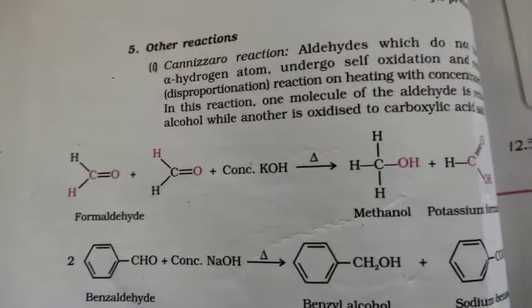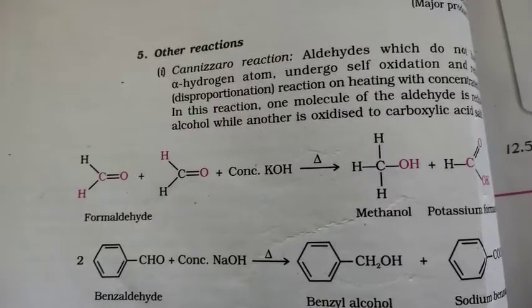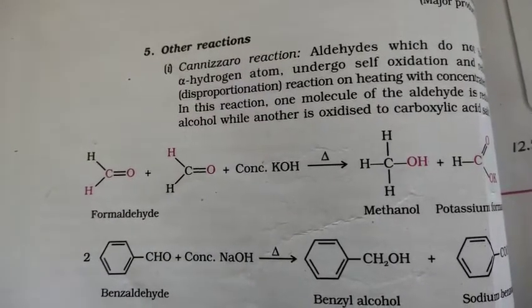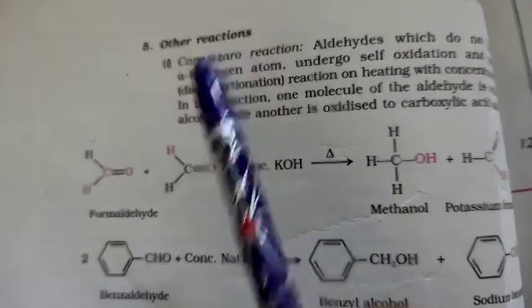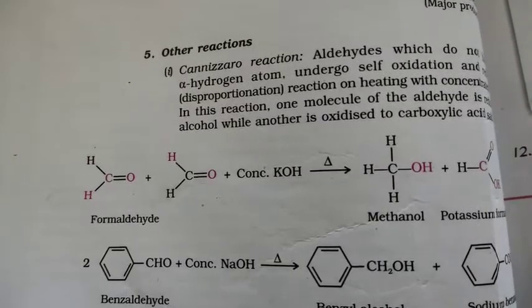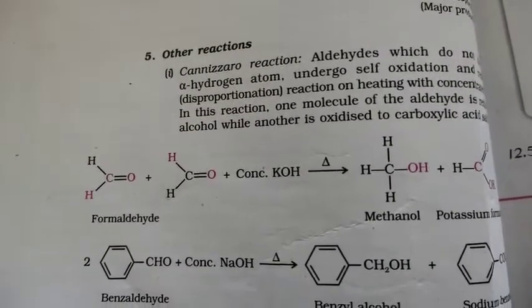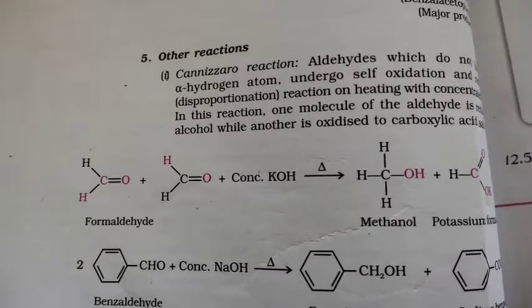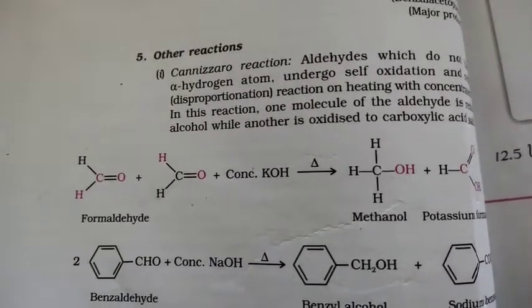Always remember, when we are talking about the chemical properties or reactions of a certain type of compound, like the aldehydes here, the reaction will always take place at the functional group part. The other alkyl or aryl parts remain unchanged; only the functional group is changed.